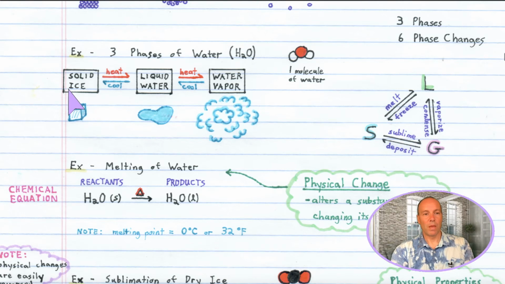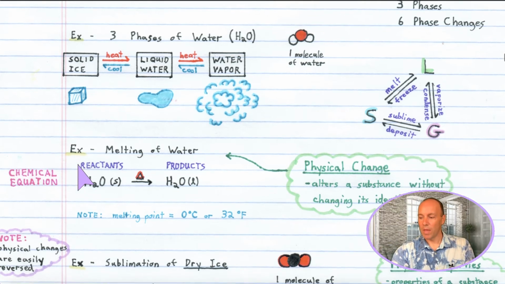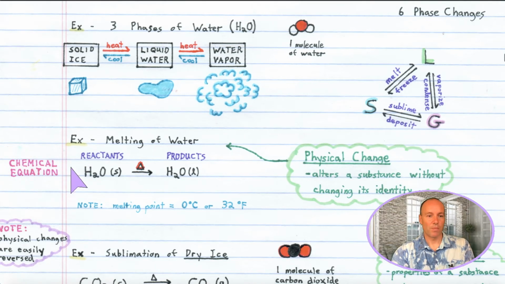Now, a particular transition between 2 phases can be represented in more detail with the aid of a chemical equation.